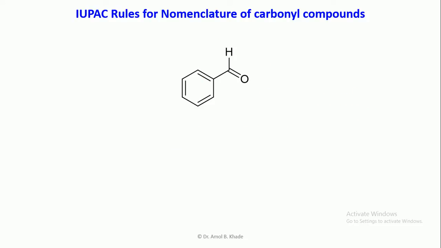Next one. Now here you have to remember the rules. When the aldehyde group is attached to an aromatic ring or a ring system, then al will not be a suffix. What will be the suffix? The suffix will be either carbaldehyde or carboxaldehyde, and here it is a benzene ring, so I will write here benzene and attach the suffix carbaldehyde.